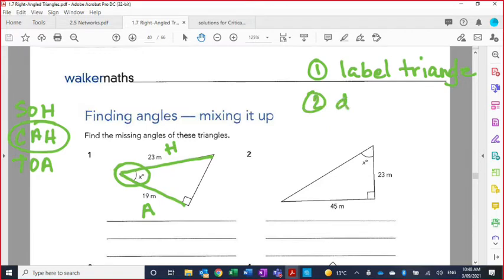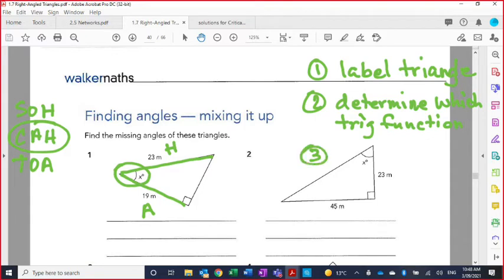So second, determine which trig function, then set up your equation or function.